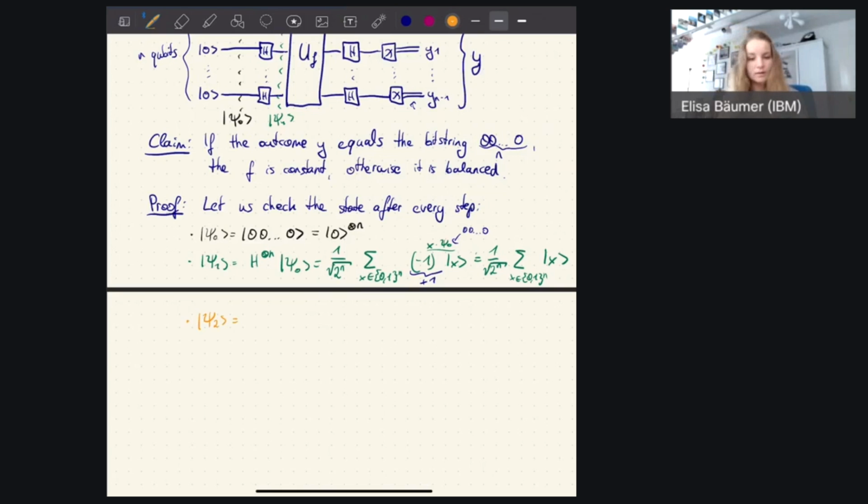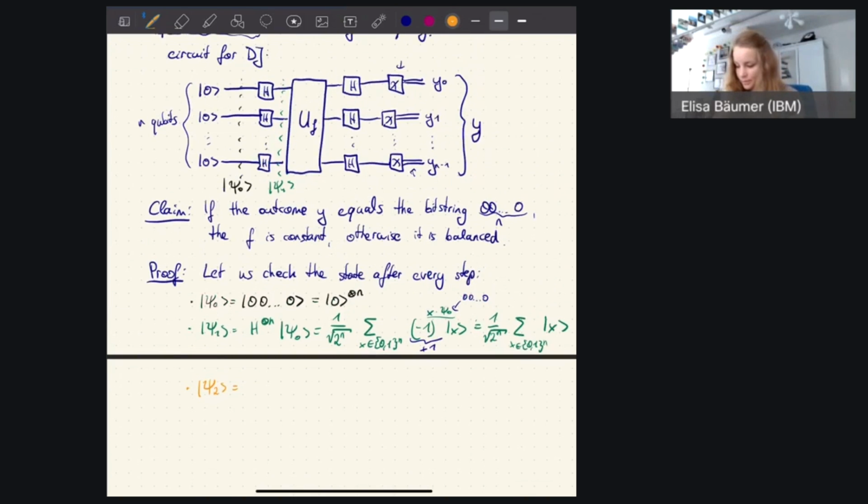Then we have our next step, which is applying the oracle, and we get a state psi2. For the state psi2, we applied UF to state psi1. Because everything in quantum mechanics is linear, we can move the effect of the oracle into the sum.